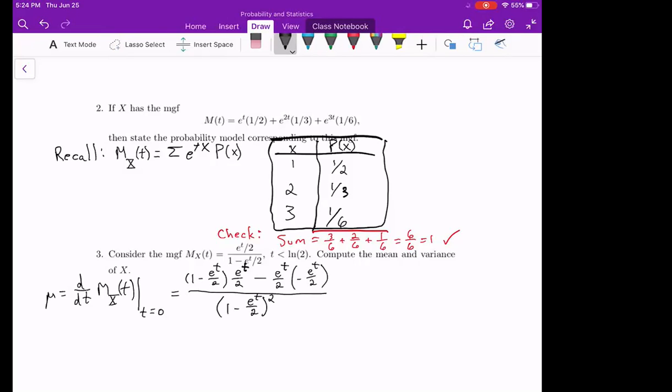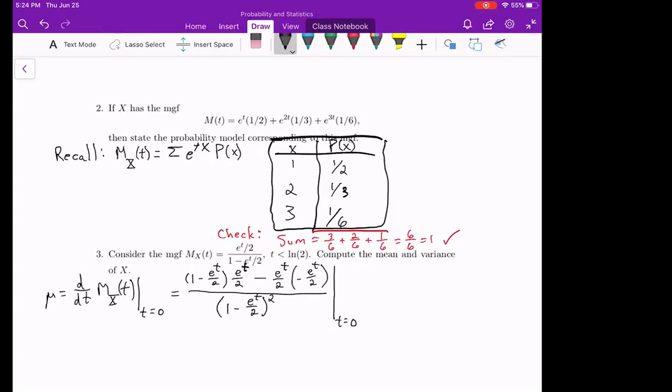And so this is the derivative, which you could either simplify or you could evaluate it at 0 right away. You know, either path is fine. We're going to need to simplify anyway, but we could just jump to this.